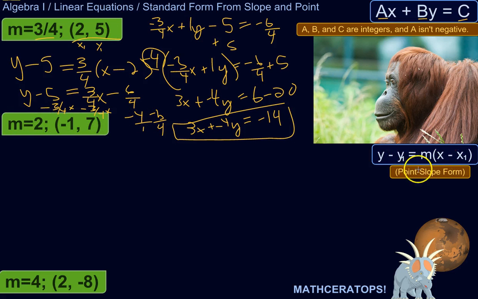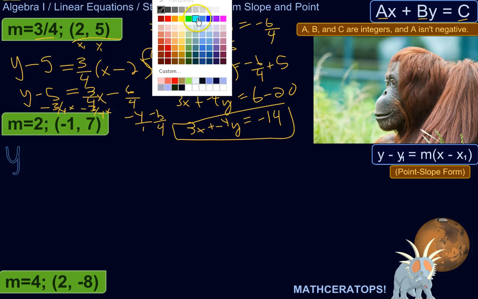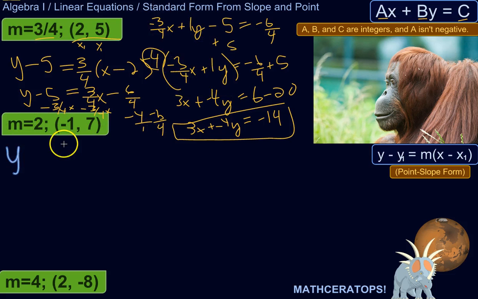So first, let's put this in point slope form. I'm gonna change colors so that I'm working on the second thing. Y minus the y coordinate of the point that's on the line, so y minus 7, is equal to the slope, which in this case is 2, times x minus the x coordinate, so minus negative 1.